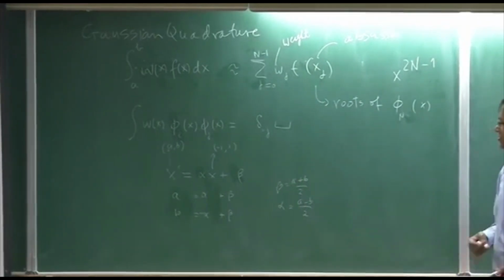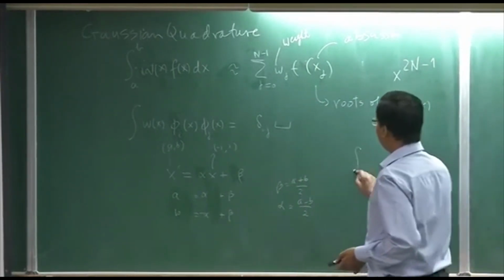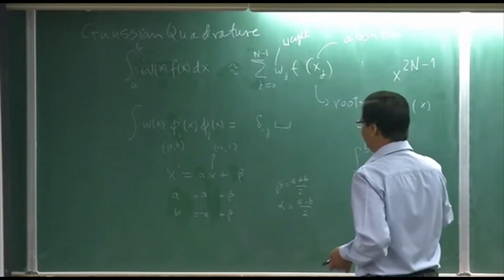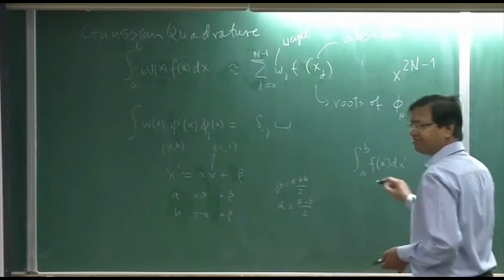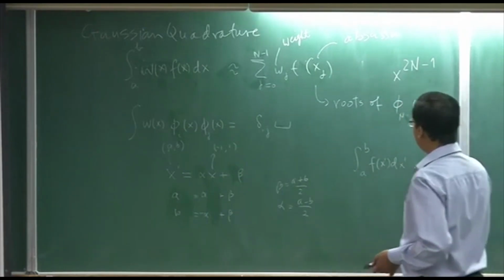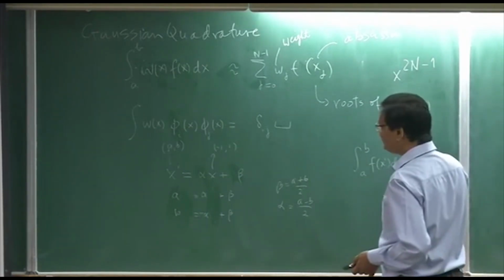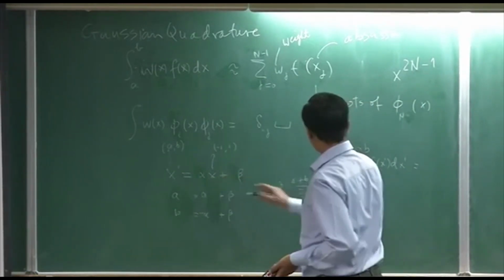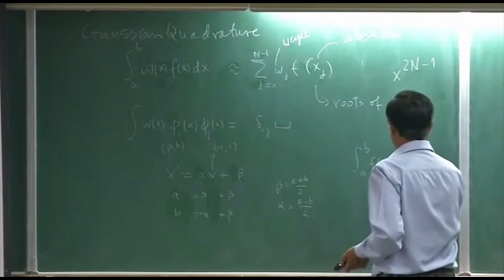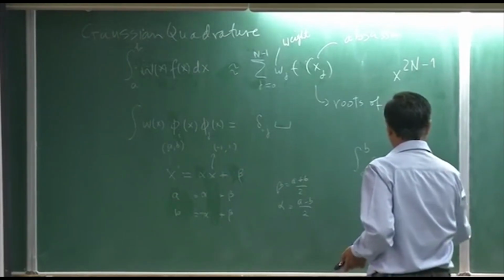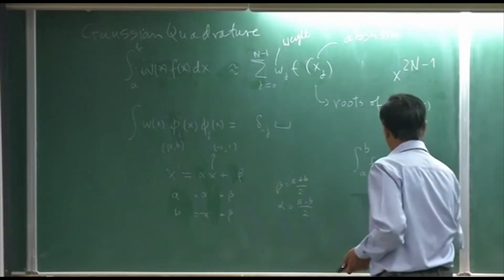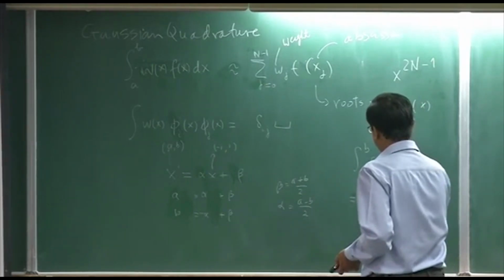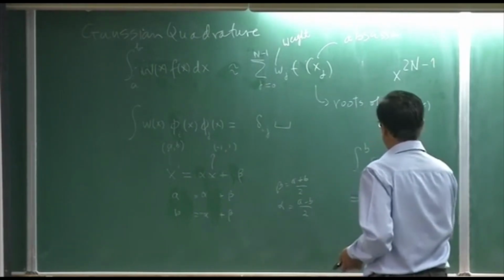Okay. So what is the integral? Integral a to b f(x prime) dx prime. This is what I want. So I have to replace dx prime by alpha dx, that is a Jacobian. Alpha is here (b minus a) by 2 and this is f(x).